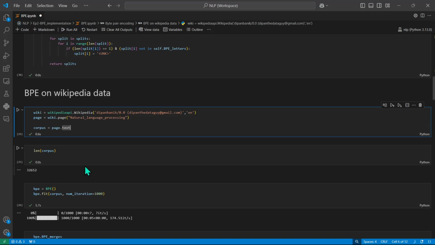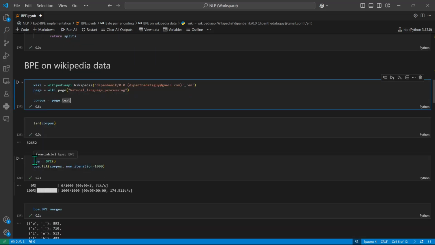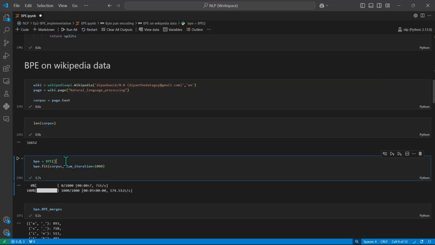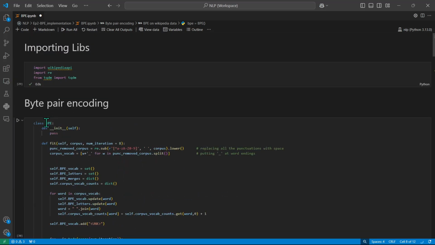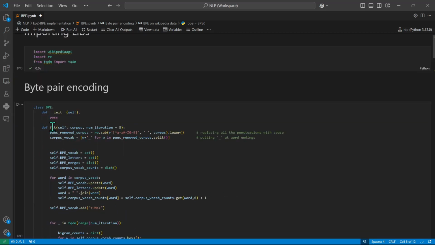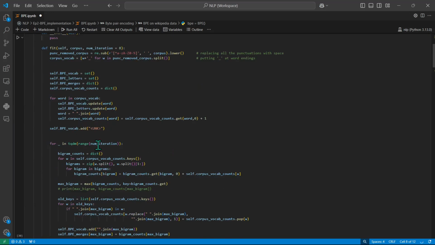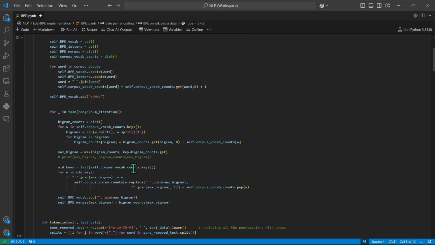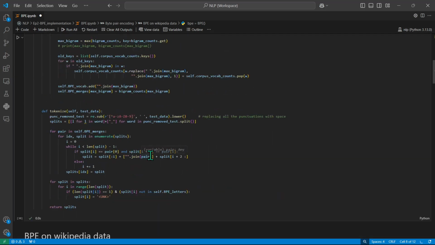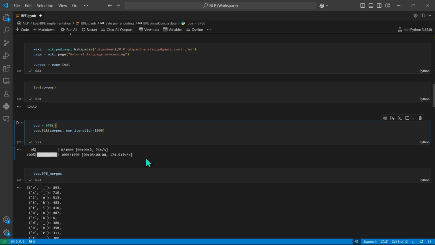I like it. So let's initialize our BPE class. What I have done here is I have written a class for BPE, and I have kept a fit function. Whatever fit function we have seen there, I have just kept that here, and a tokenize function as well. So we need to initialize BPE first.